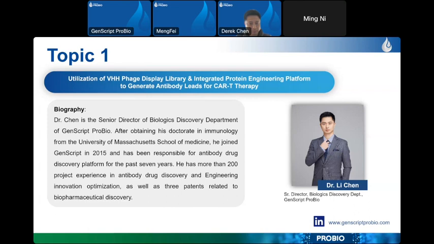He has more than 200 project experience in antibody drug discovery and engineering innovation optimization, as well as 3 patents related to biopharmaceutical discovery. During today's webinar, Dr. Chen will be discussing utilization of VHH, phage display library and integrated protein engineering platform to generate antibody leads for CAR T therapy. Now, I'm delighted to hand over to today's first speaker, Dr. Chen.